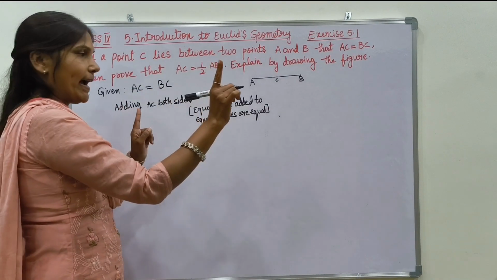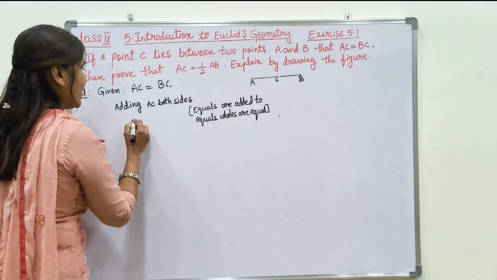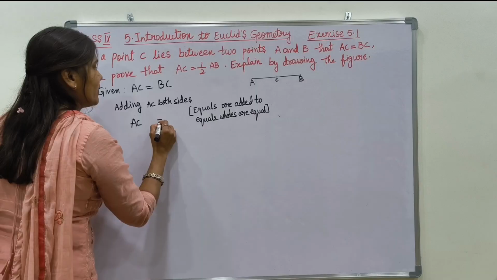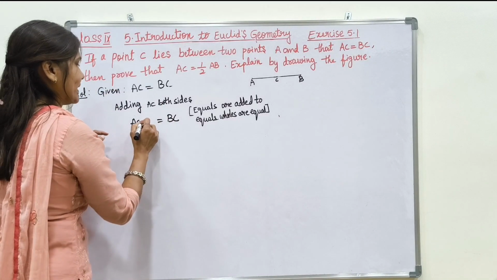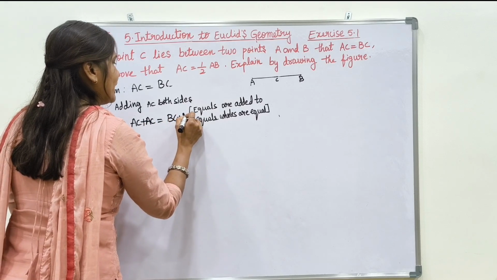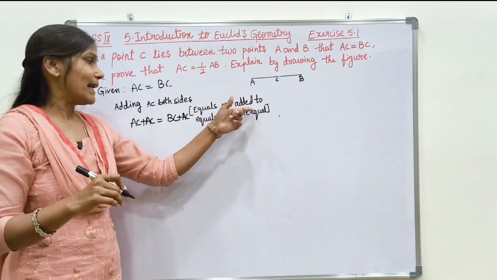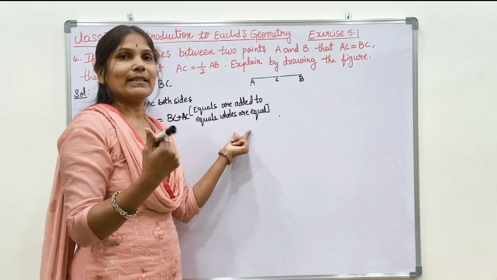Both sides we will add AC. Adding AC to both sides, take the same equation: AC is equal to BC. Now both sides you can add AC. What is the reason? Equals are added to equals, the wholes are equal. This is which axiom?